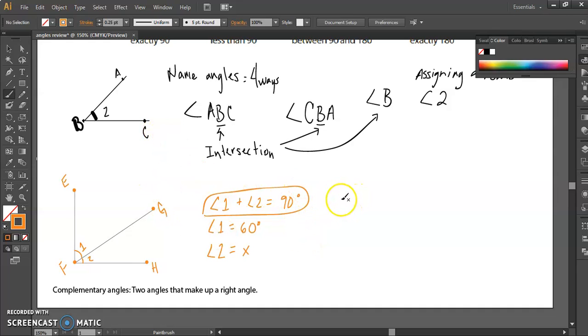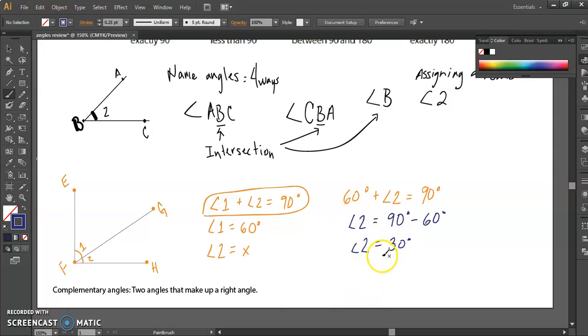Okay, so right here I know that angle 1 is 60 degrees, so I would write 60 degrees plus angle 2 is equal to 90 degrees. Okay, what I do now is I'm going to subtract 60 degrees from 90, and that is going to give me the value of angle 2. Okay, so angle 2 is equal to 90 degrees minus 60 degrees. Therefore, angle 2 is equal to 90 minus 60, 30 degrees.